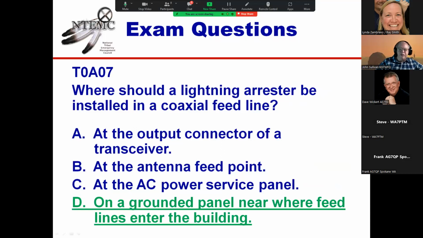At the antenna feed point, you think, oh, well, that's outside, that would be okay. But then you have the entire feed line that would not be protected. And at the AC service panel, well, that's not going to help you any with the coax coming in. It's not going through the service panel. So, grounded panel near where the feed lines enter the building.